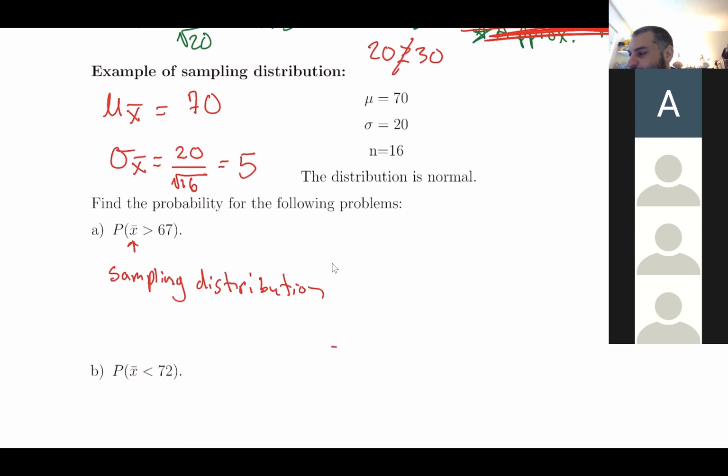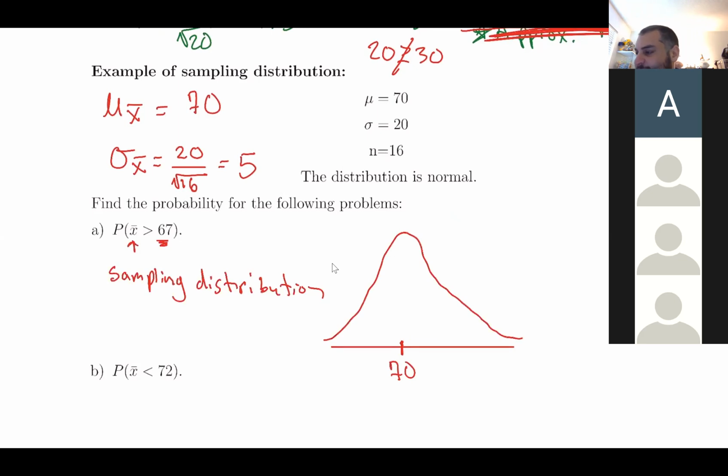So first thing I'm going to do is draw it out. The middle should always be our mean. So our mean in this case is 70. If you look at it, we want to find the probability x bar is greater than 67.